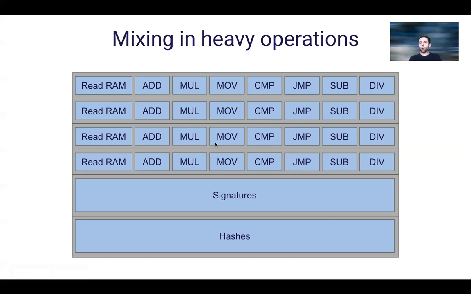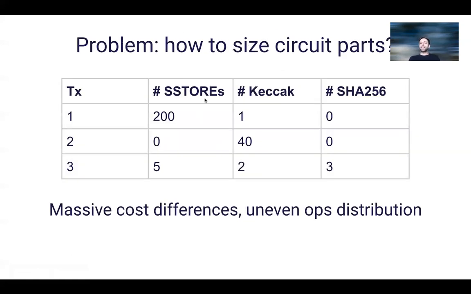Now, the problem with this approach is you can't really have too many of these specialized operations. Maybe you need to pick one or two, because otherwise it's an impossible optimization problem to pick what fraction of the circuit should be reserved for each of the operations.